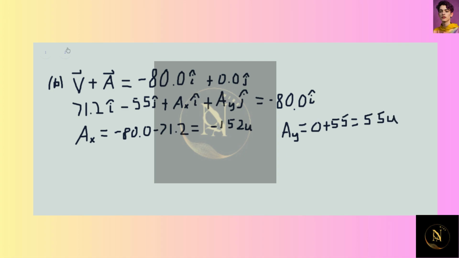Okay. Now we are able to determine our vector A. Vector A is equal to the x component, which is minus 152 units in the i hat direction, plus the 55 units in the j hat direction.